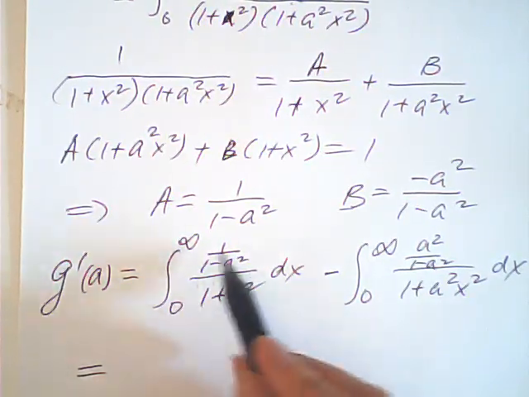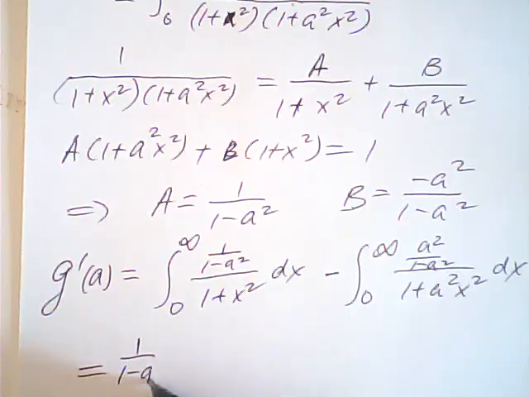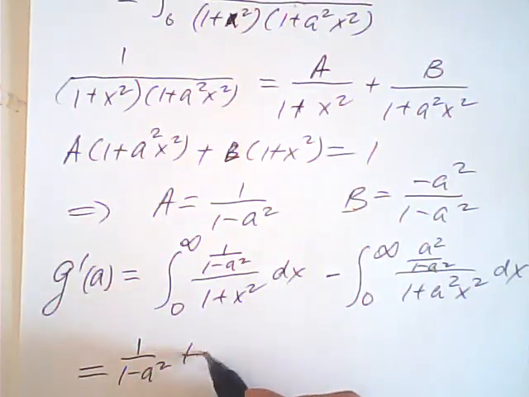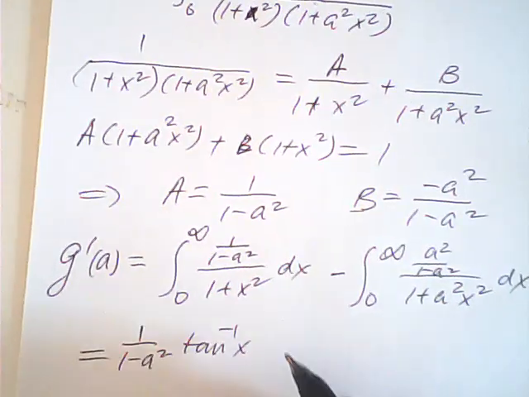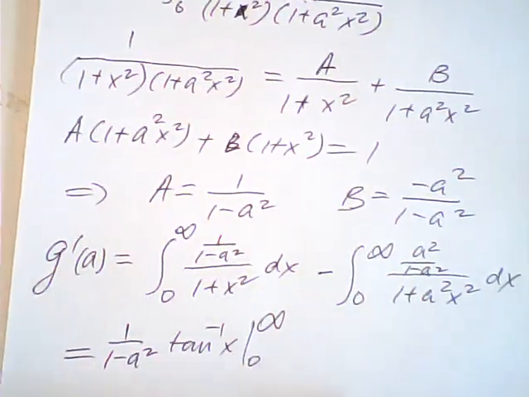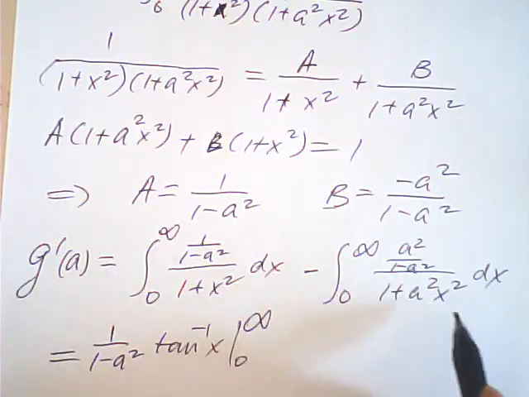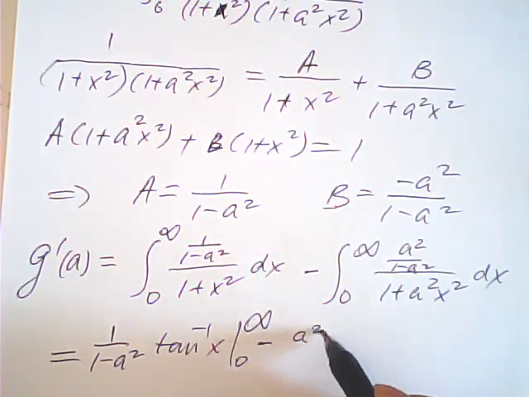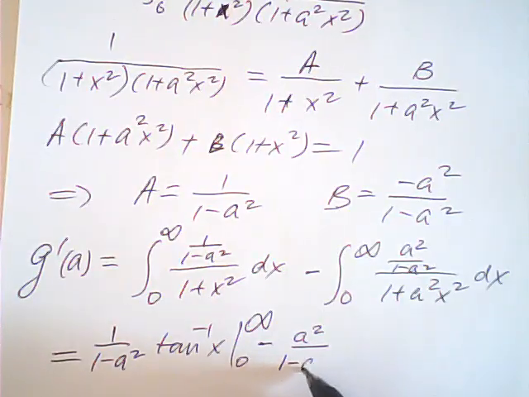For x, this is constant, taking out. This is arctangent x from 0 to infinity. That one, a squared over 1 minus a squared.